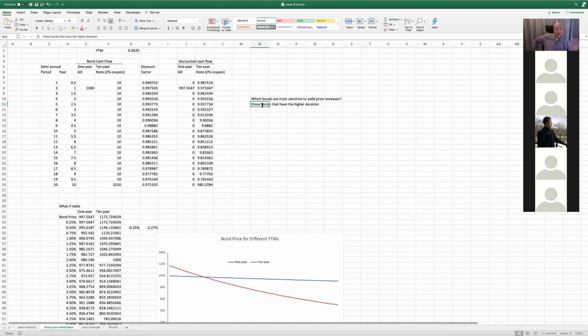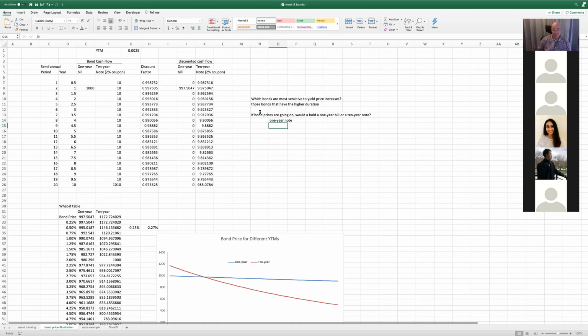So if I had the choice, if I believe that yields are going up, would I hold a 1-year bill or a 10-year note? Which one would I hold? If I had to hold one of those two, I would hold a 1-year note because it's much less sensitive to bond price changes and its bond price will go down less.